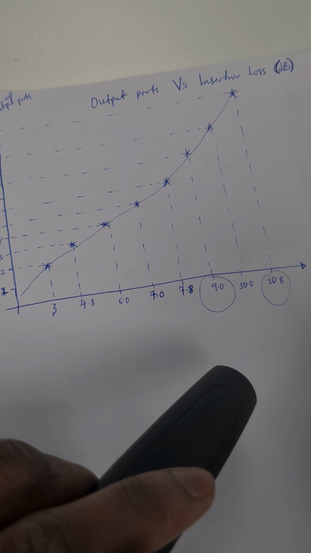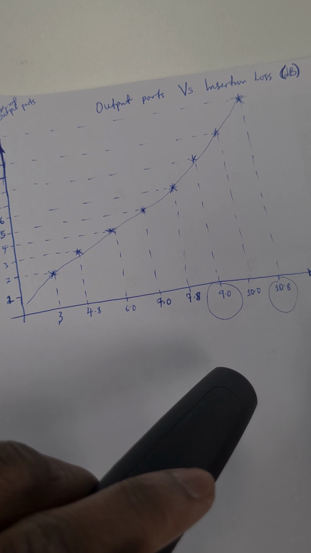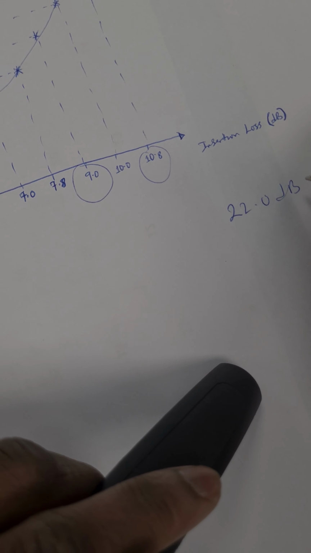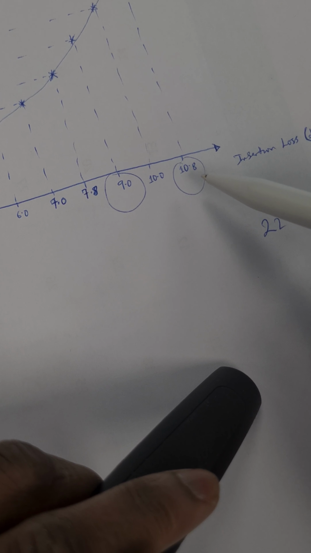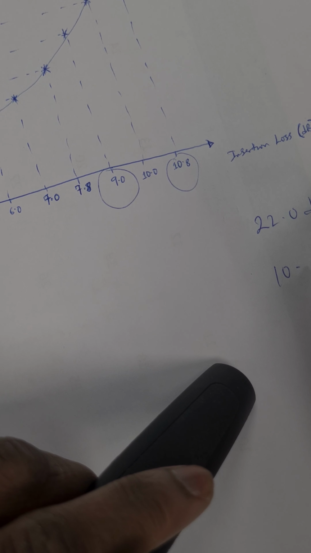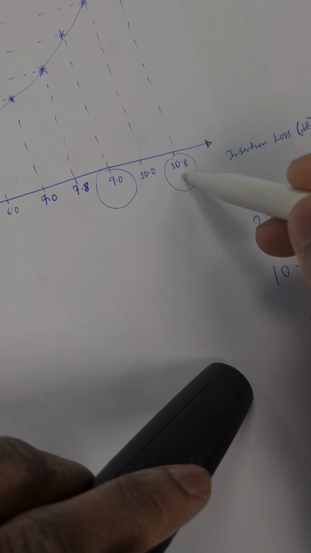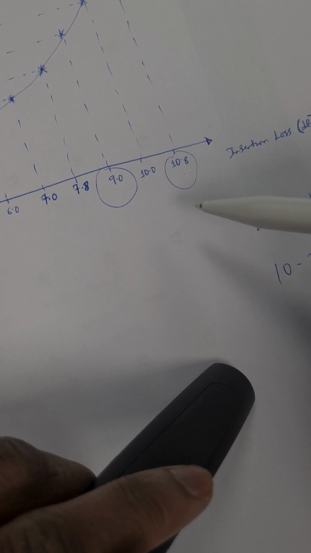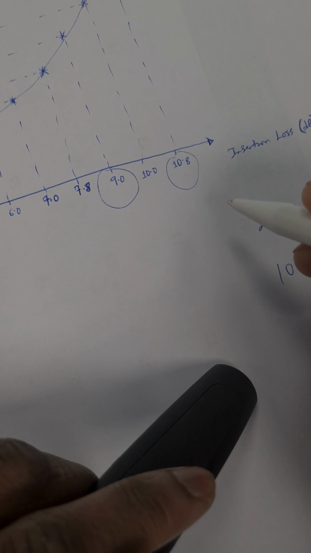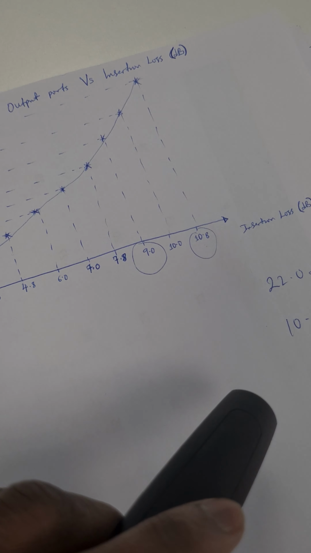So when you measure your signal, let's say you are supposed to measure 22.0 dB and you are measuring 10.2 dB, you should know that this 10.8 dB is somewhere in there, so it has to be considered in your measurement. Take note of this one, it is very important.